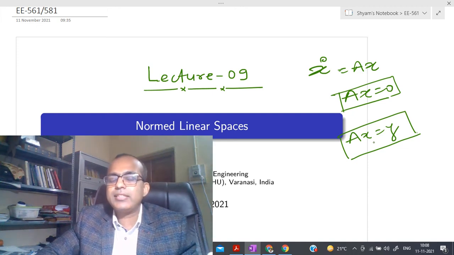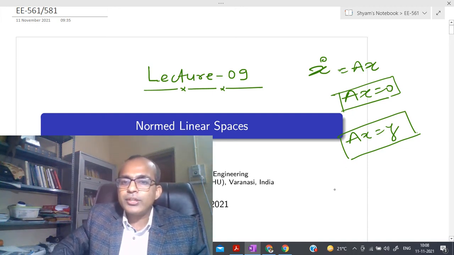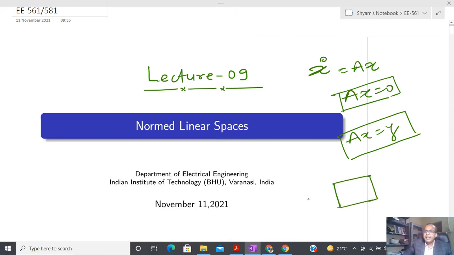You might have seen that whenever we talk about some kind of linear system, LTI system or LTV system, if I give a bounded input, then what kind of response will I get? Anyone, could you please tell me? For a linear system, suppose this is a stable linear system, and if the input is bounded, then what kind of behavior will I get?